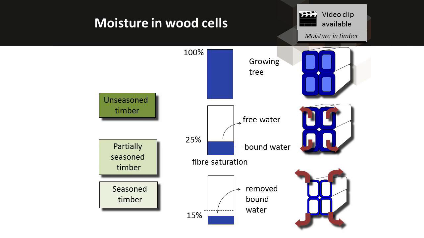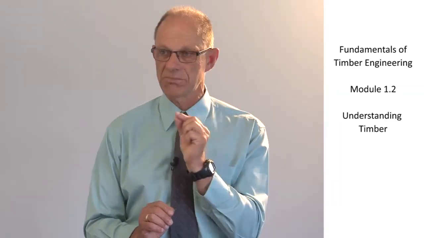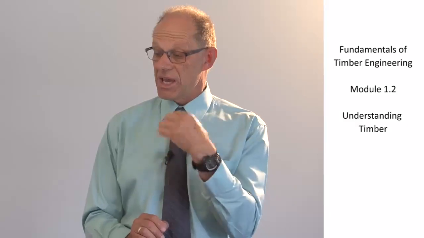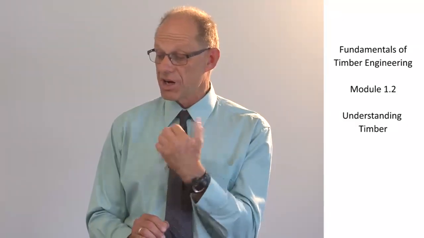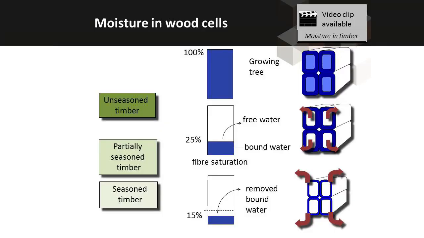And we wind up with hollow voids in the centre of the cells, and the cell walls have reduced in thickness as we've taken some of the moisture out. We tend to target around 15% moisture content, and we call timber that has been dried to 15% seasoned timber. Well, that's the main source of structural timber. Most of our structural timber products are seasoned.